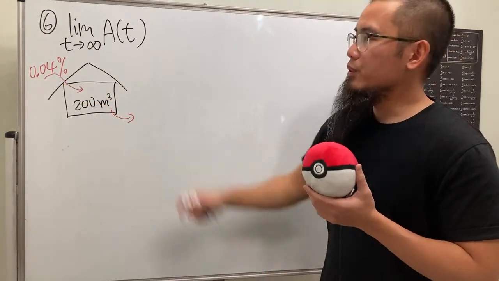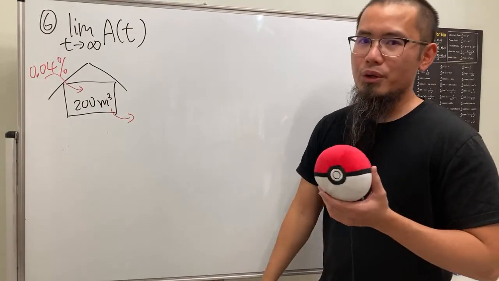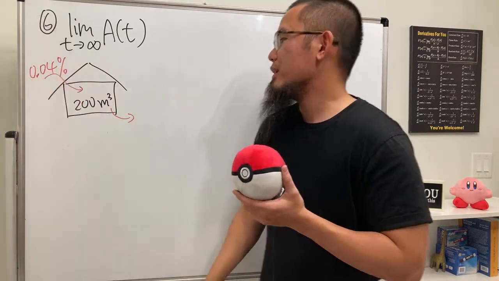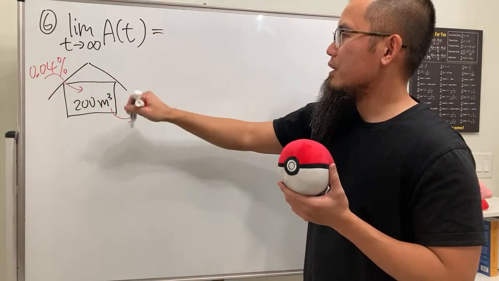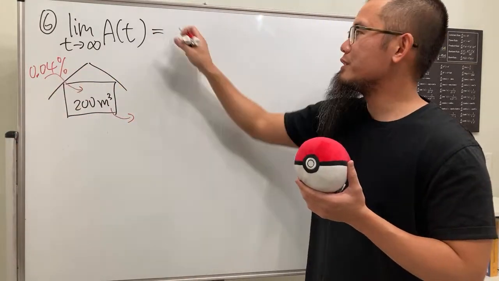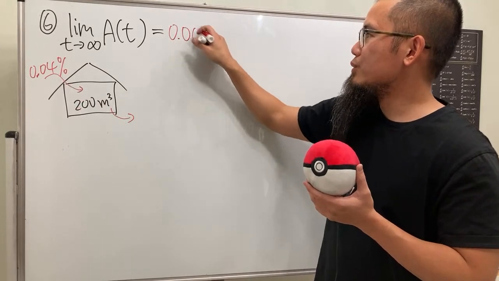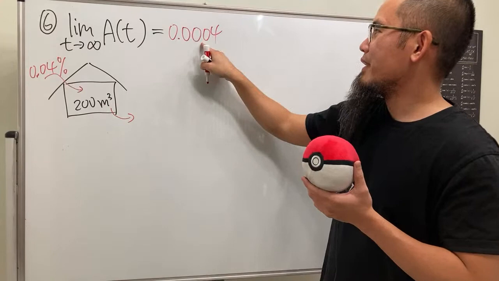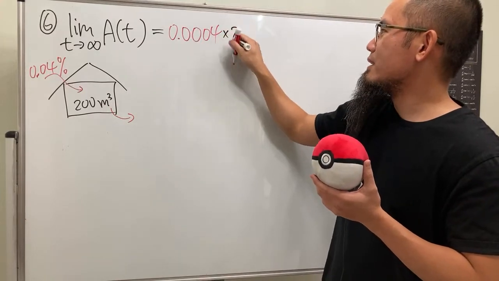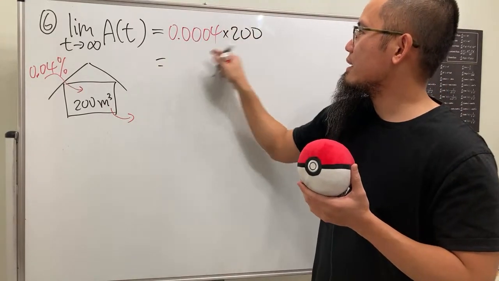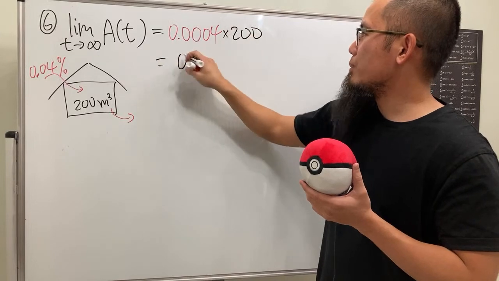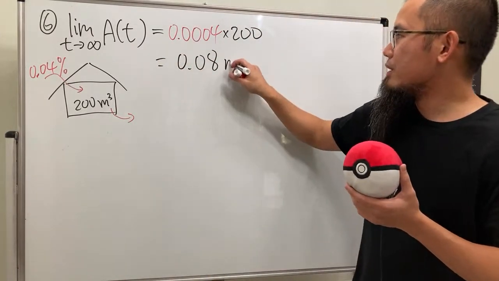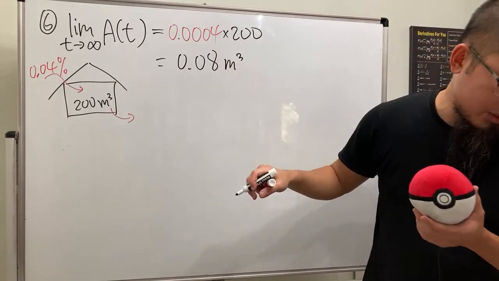So eventually you just get the concentration: 0.04%, which is 0.0004, times 200. And that will be 0.08 meters cubed.